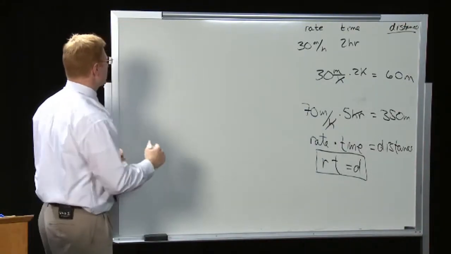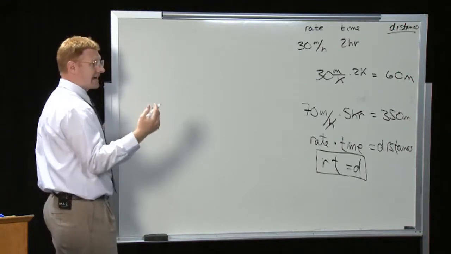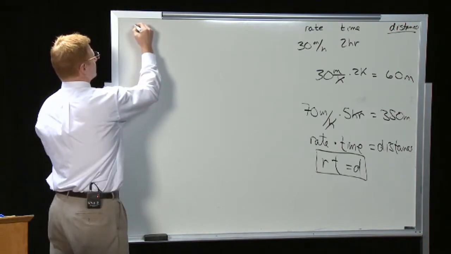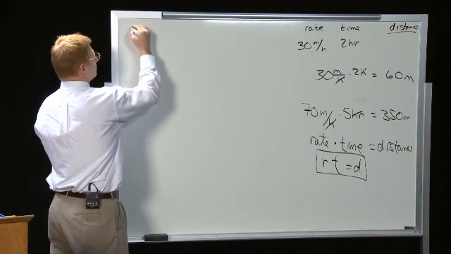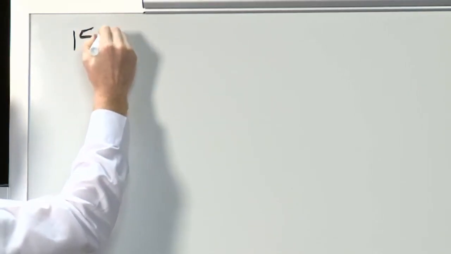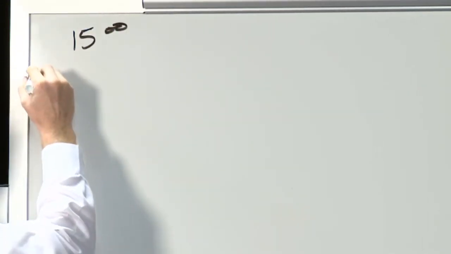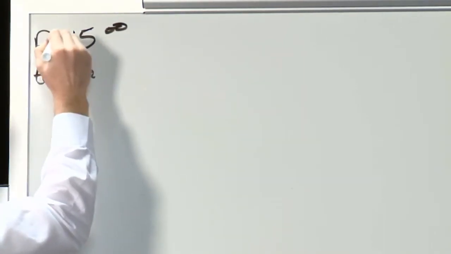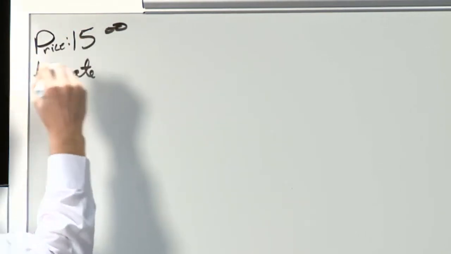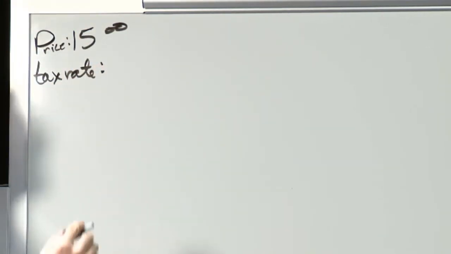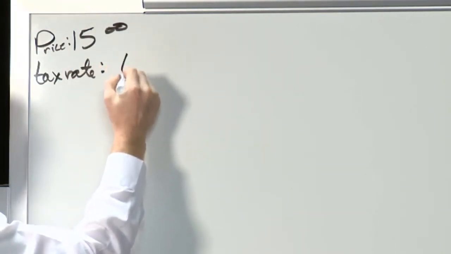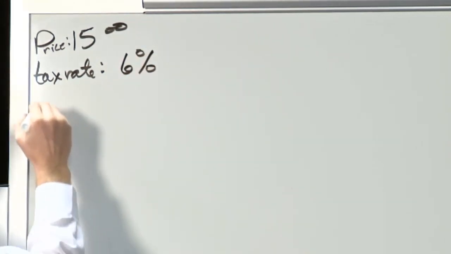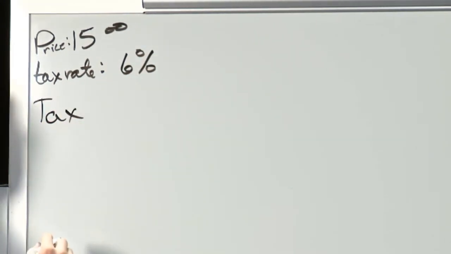Another one that we've done previously is like taxes. Sales tax. If you bought something for $15, that was the price, and the tax rate, okay, the price is $15, the tax rate is, let's say 6%. How much tax do you actually get?